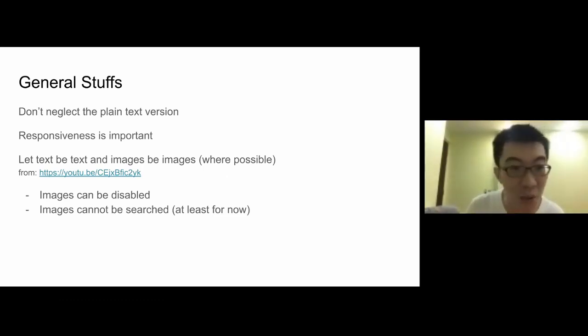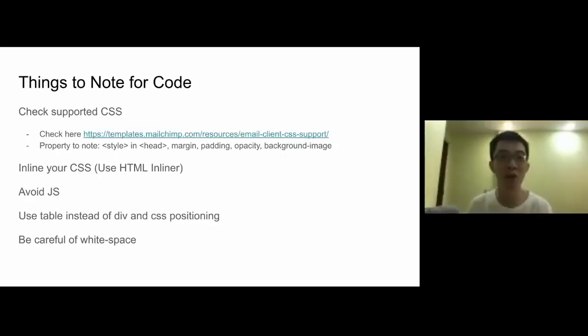Next one, for the code itself, here are several pieces of advice that I can give. First, you can check on this page over here what are the supported CSS by the email client that you want to target. Some property that you want to note is style in head.